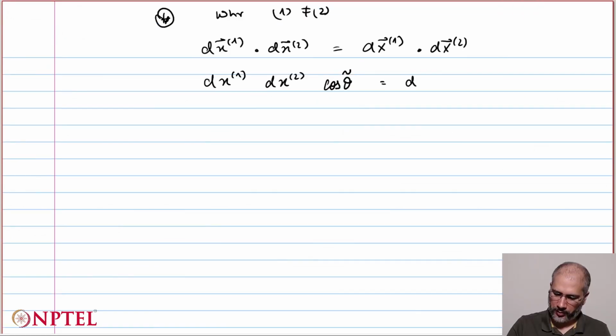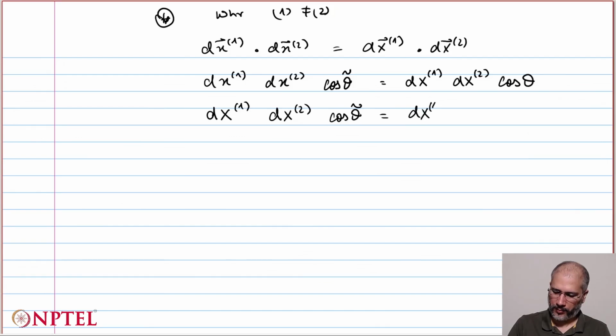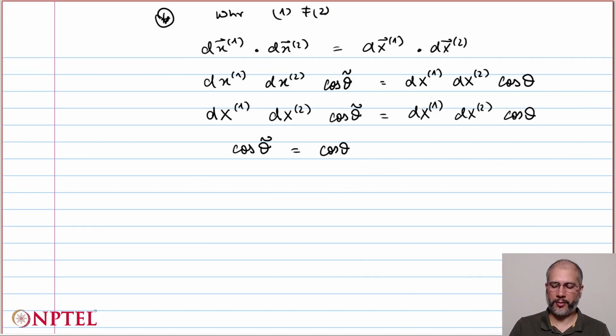So this becomes equal to d capital X length 1 d capital X length 2 times cos theta. And since for the case when E equals 0, we have this as d capital X1 and this is d capital X2, which basically becomes cos theta tilde equals cos theta. Now theta is a positive angle, so we can write theta tilde equals theta.